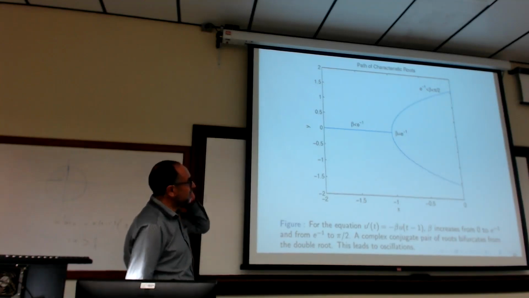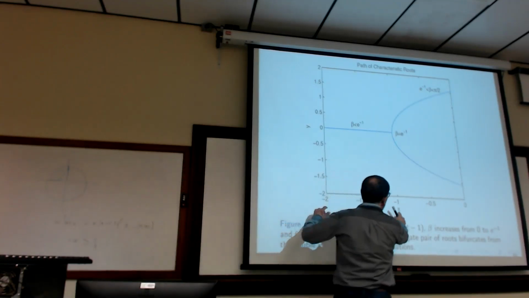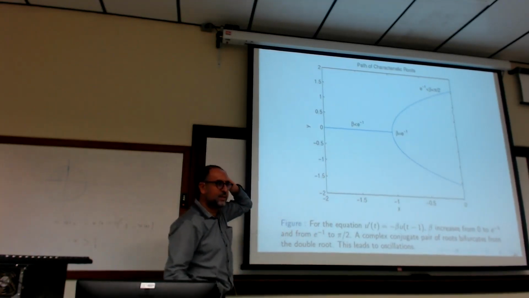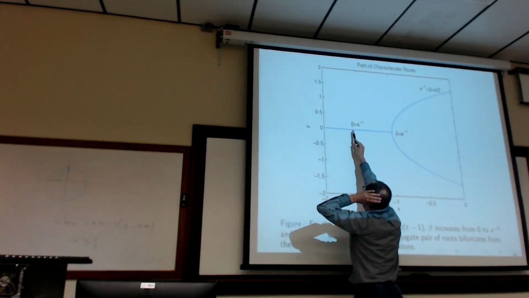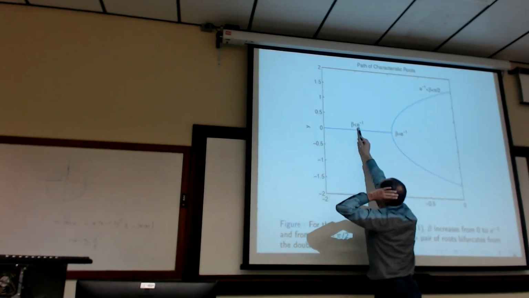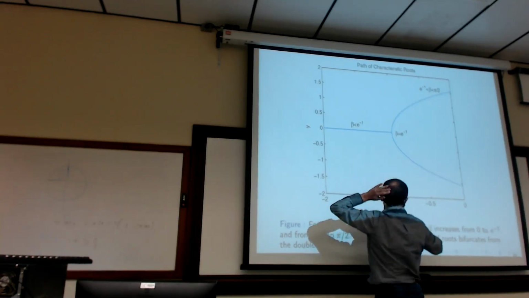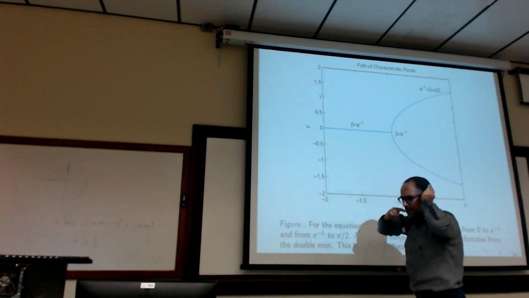This figure, it's like you move beta. This is the real part, and this is the imaginary part of the eigenvalue. When you are here, beta is between 0 and 1 over e.